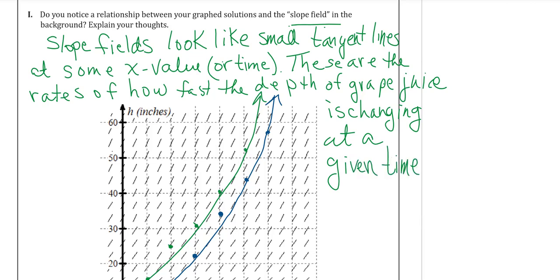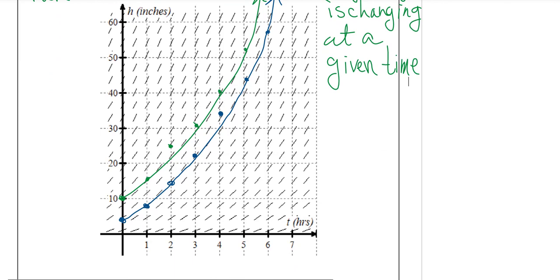So you can see that they look parallel in a way, but they're shifted from each other. And that's what we're going to see is happening. We're going to talk more about slope fields tomorrow. Okay, so this is the end of the lesson. And like I said, we'll go over this tomorrow, and we'll introduce slope fields.